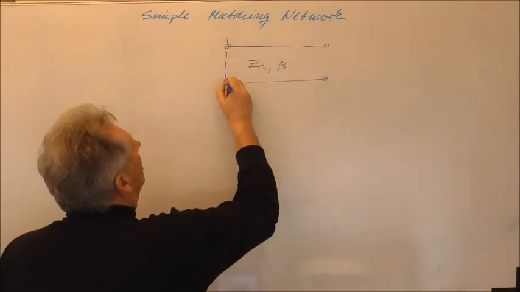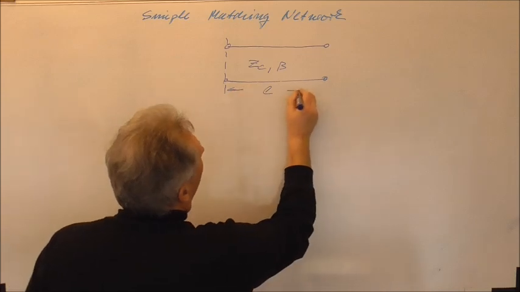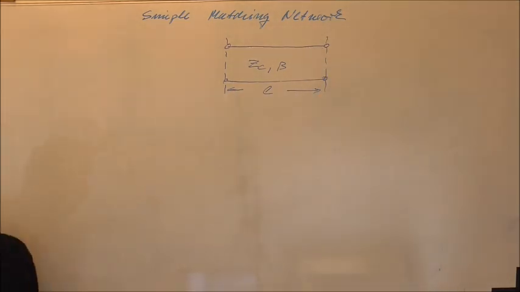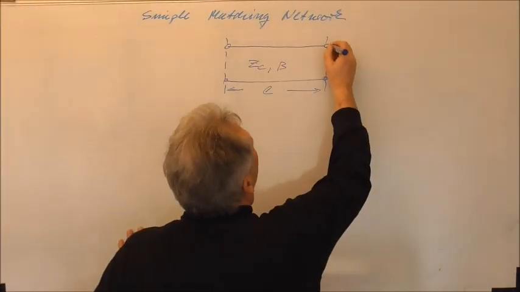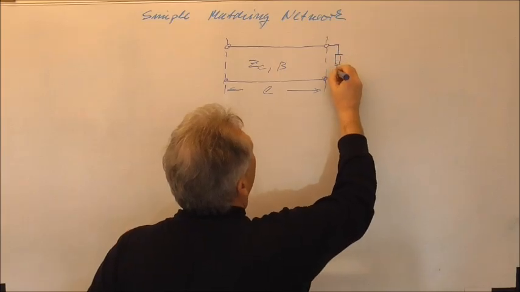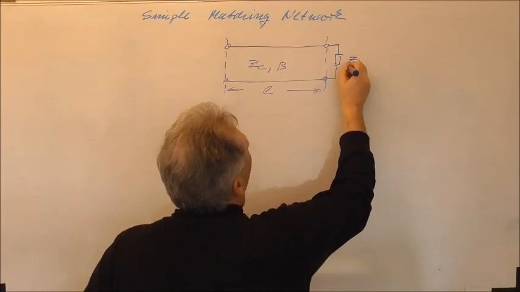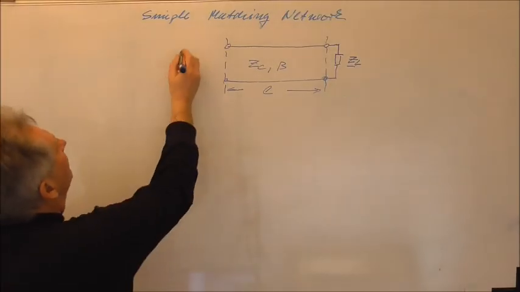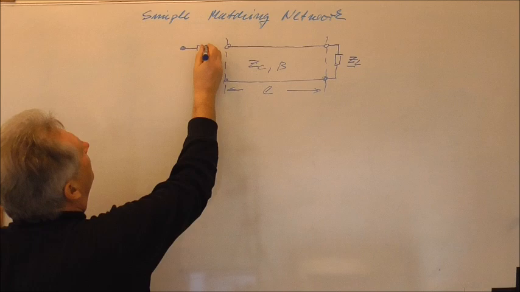And at the moment we assume that we can change the length of this transmission line. Then we assume here to have the load, a certain load impedance, and a series element.